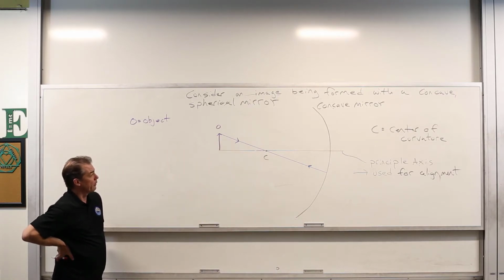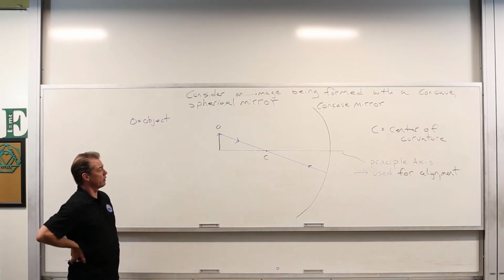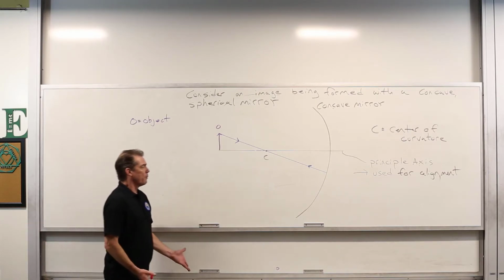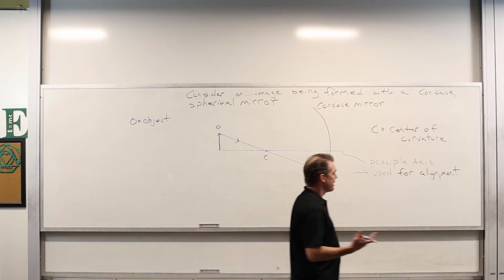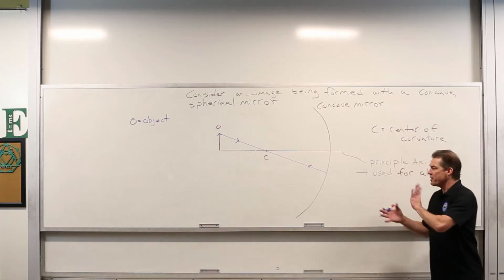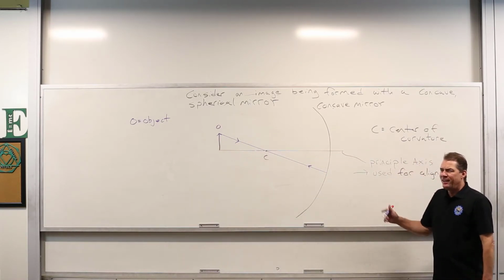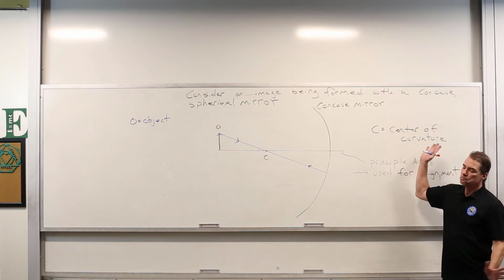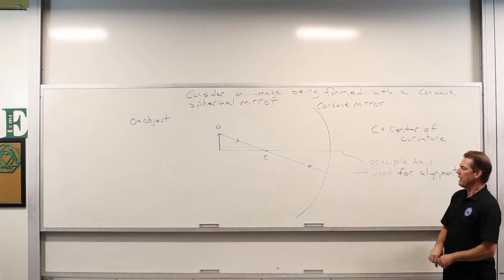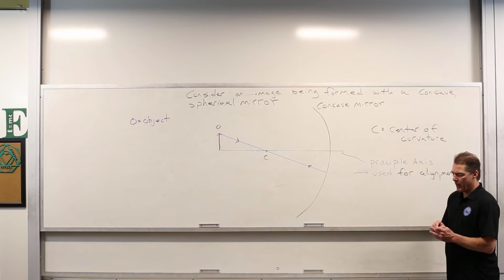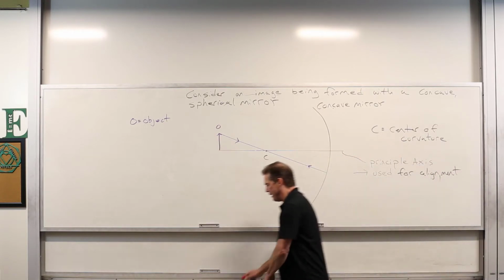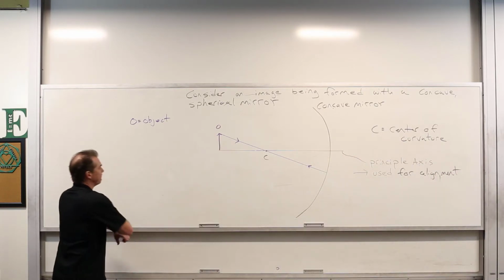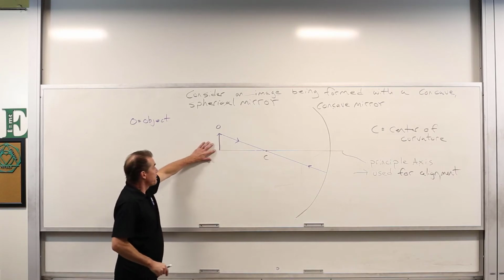There's one of the rays, very well founded by the fact that this is a spherical surface. So we need one more ray. If we can find where two rays intersect, they all should be intersecting at that location, and we can figure out where the image is going to be located. How about we utilize this principal axis?